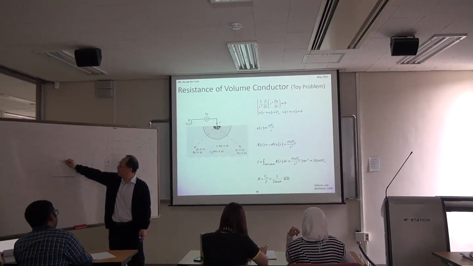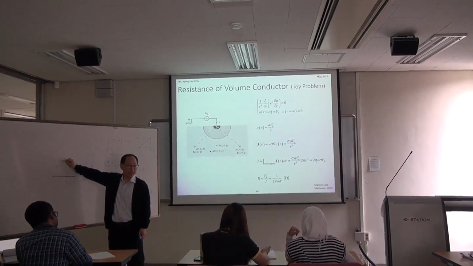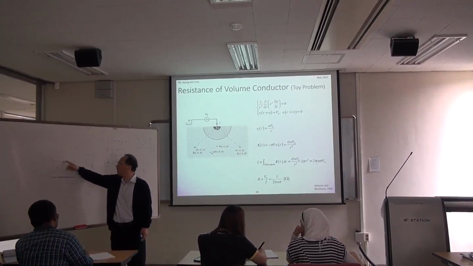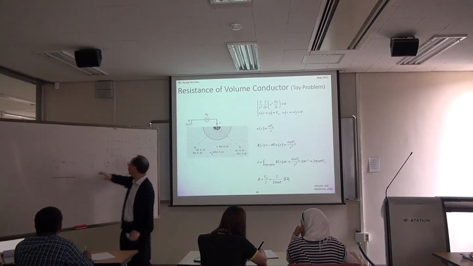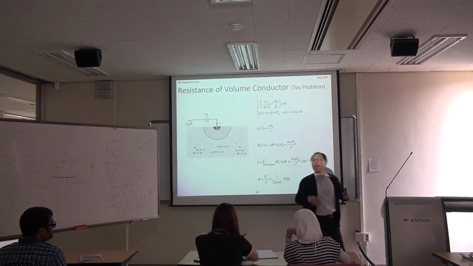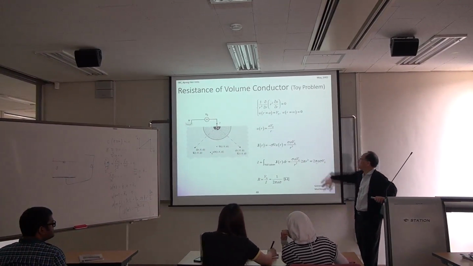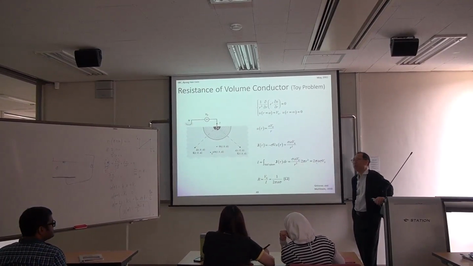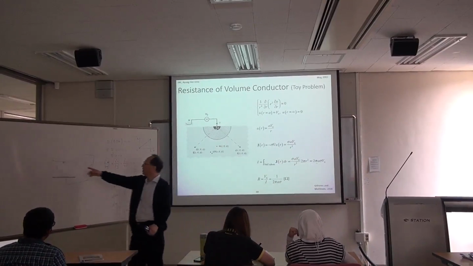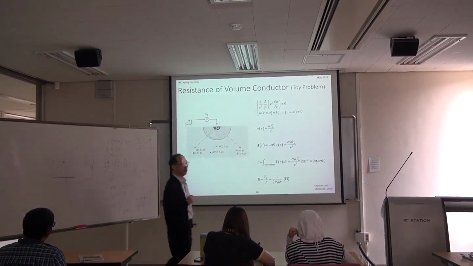If this is getting smaller and smaller, then this size is much bigger than the radius, right? So this approximation is better, okay? So this approximation is more accurate when A is small, okay?